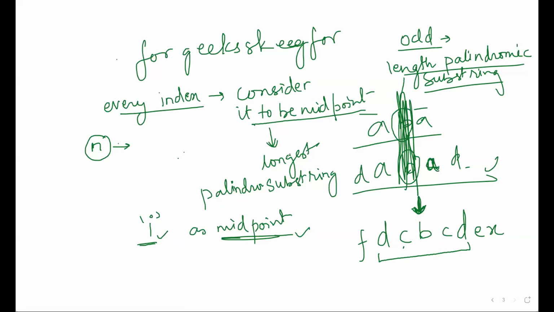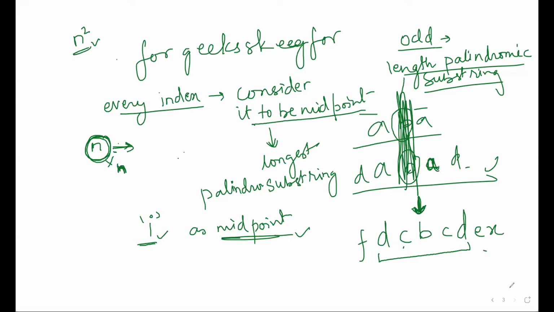So this seems more optimized. Why? Because we have only n possible midpoints, because we have n indexes only, and for every index we cannot have more than n length palindromic substring. So the number of operations you will be performing is n into n, which is n square.